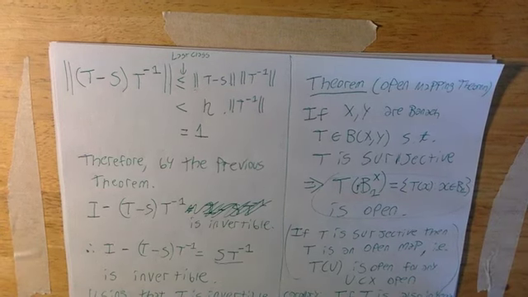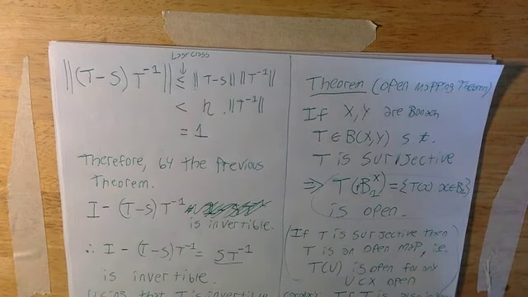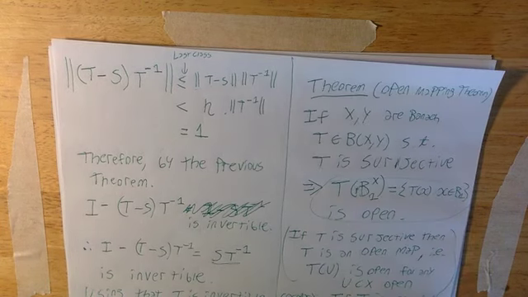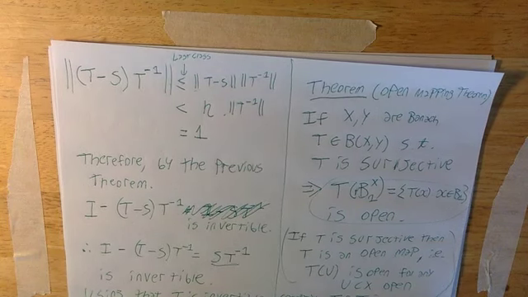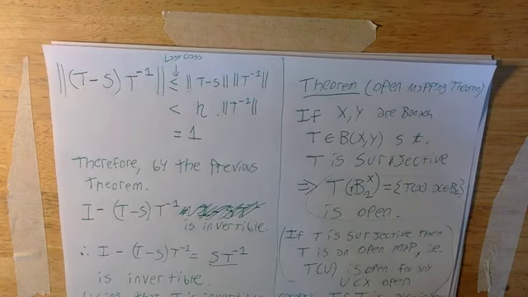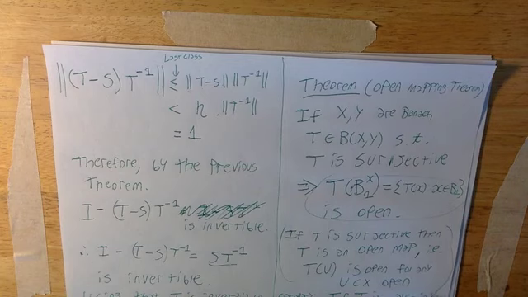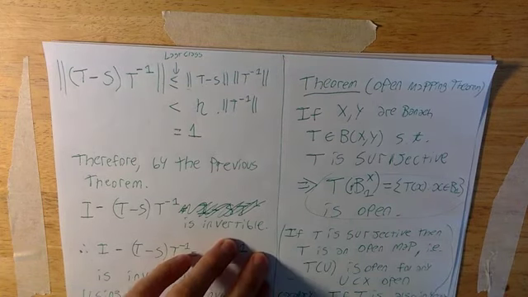In finite dimensions, being injective and surjective is the same as saying that the determinant is different from zero. In this case, there is no notion of determinant, but there is this notion of bijectivity. So bijectivity plus boundedness is what implies that you have a bounded inverse.